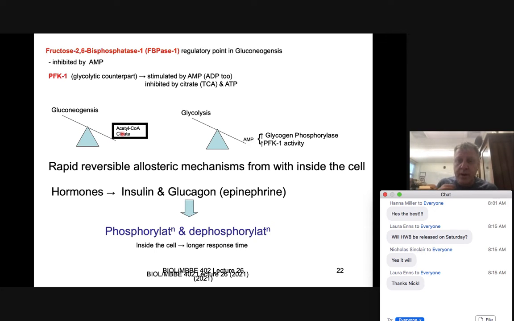And also, we're going to be mobilizing the source for production of ATP in the glycolytic pathway by increasing the glycogen phosphorylase. Okay? So there's a very rapid and reversible allosteric modulation mechanism at multiple points coming from within the cytosol of the cell to allow this regulation to occur.